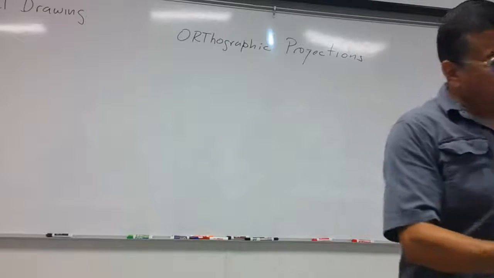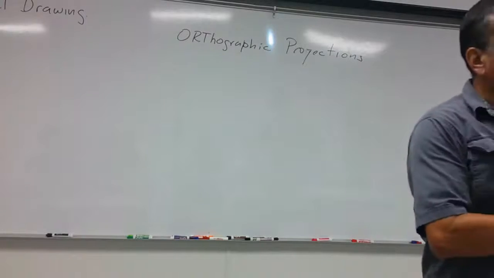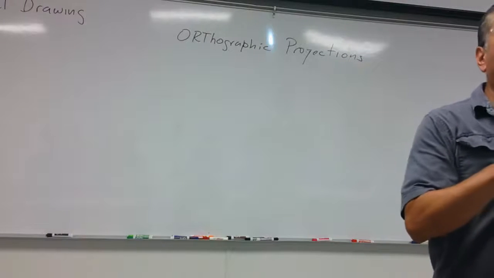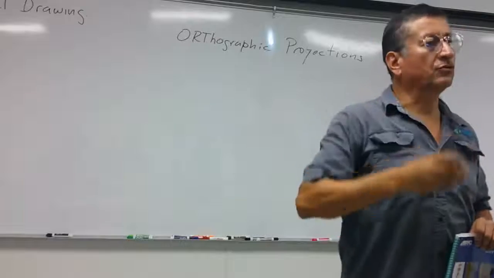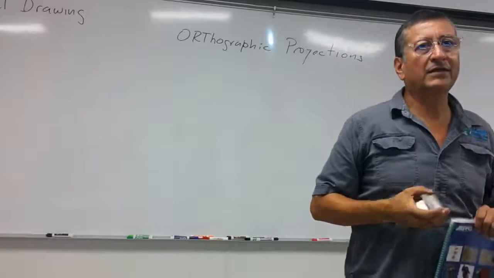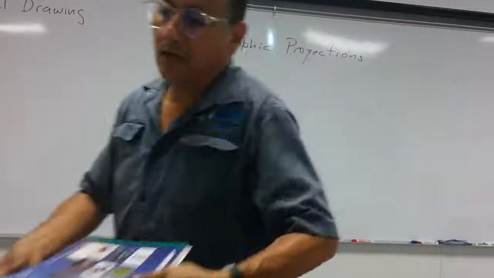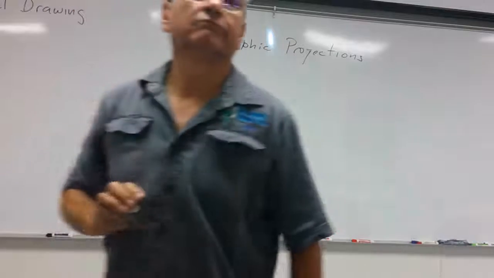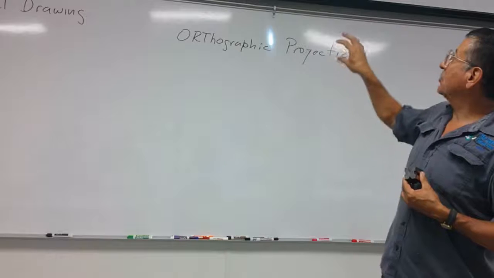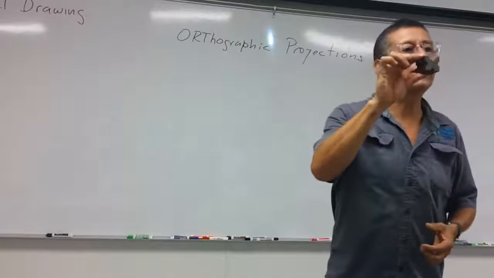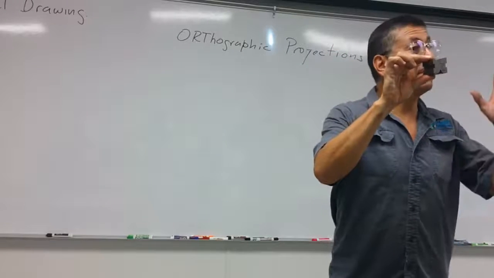When you see a picture in a book, this is a representation of one object like this in 2 dimensions. It's a representation in the paper of this element. For that reason, you can create the orthographic projections of this element in a paper.